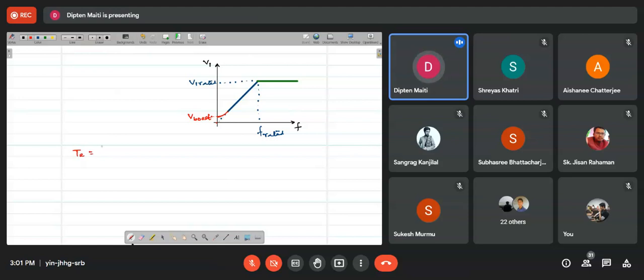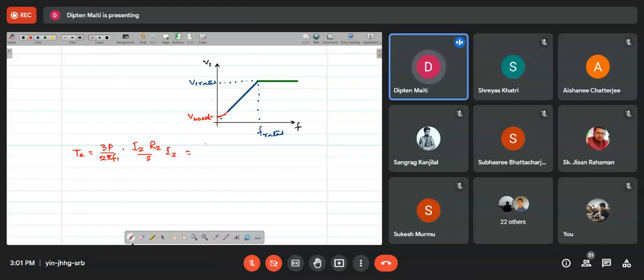Let me write this way: the torque is, taking the same expression we used earlier, 3P by 2ω1 into I2 square R2 by S. I would keep one of the I2 as it is, and write this as I2 into R2 by S and further another I2.